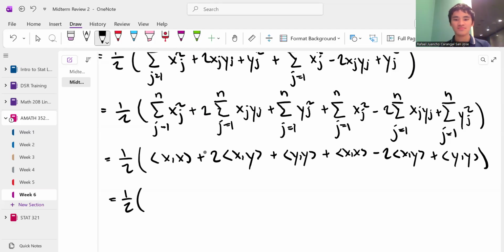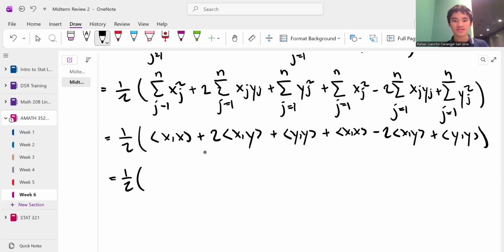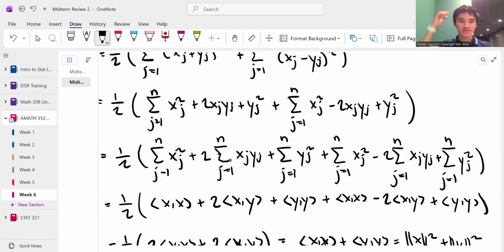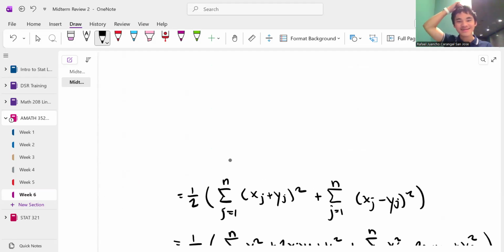And we actually can just subtract this idea. Oh, here we get 2xx plus 2yy. We could cancel out that 2, so we just get xx, yy. And this is just their norm. We proved it. Done. Nice.